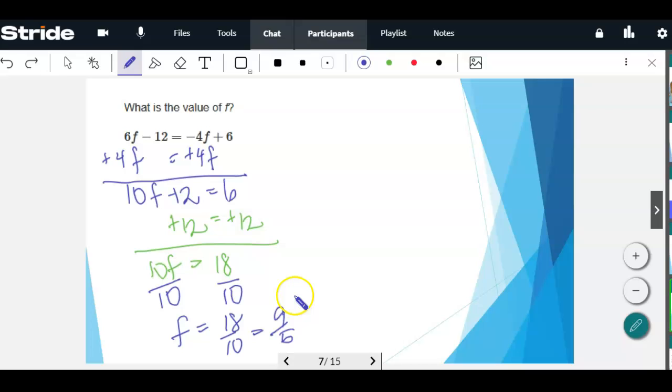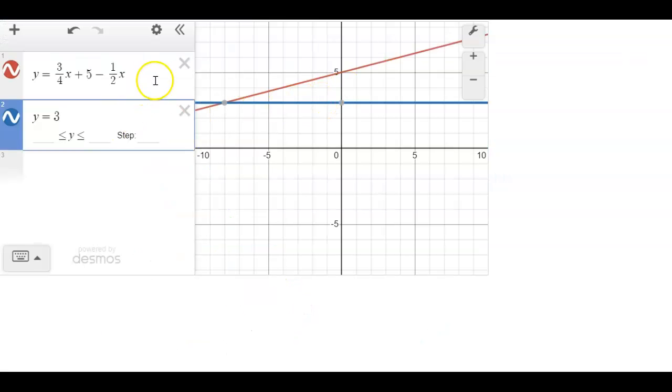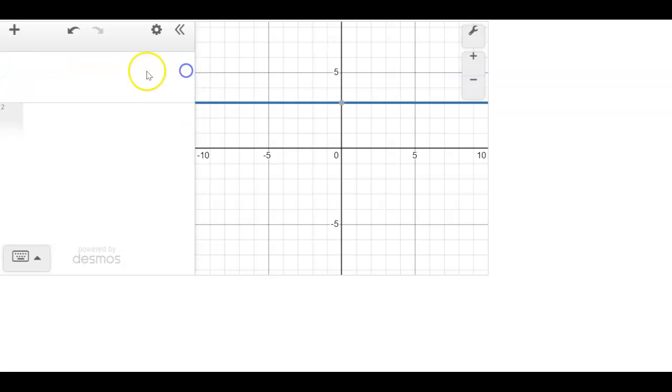Okay, so let's go ahead and look at that on the calculator, just make sure you understand what that looks like. So make sure you put the 6f minus 12 as one of the equations, and then negative 4f plus 6. Okay, back to the calculator. Let me go ahead and clear these out.